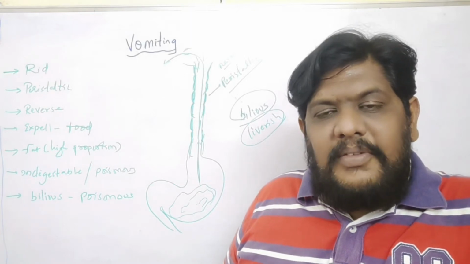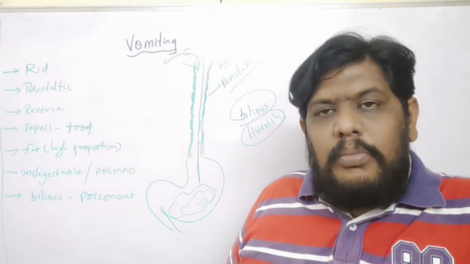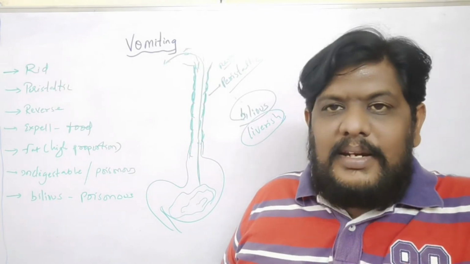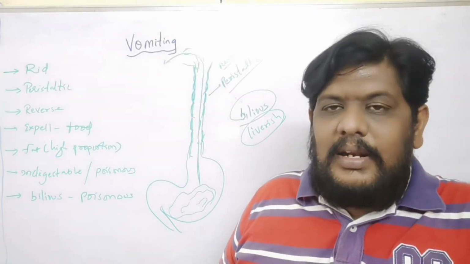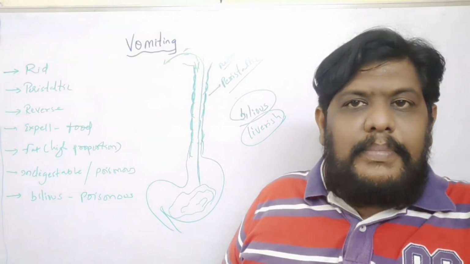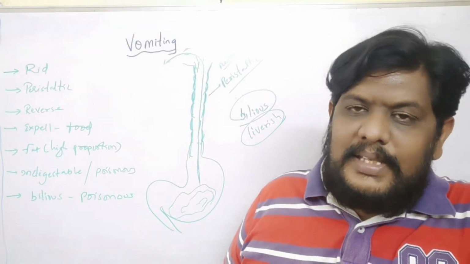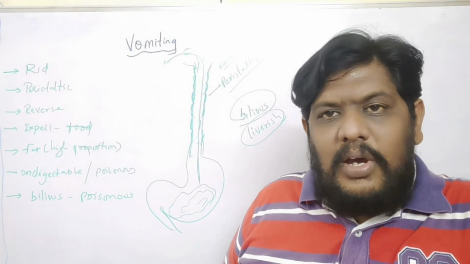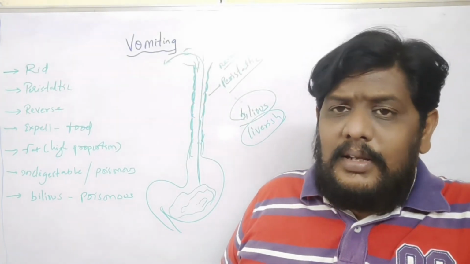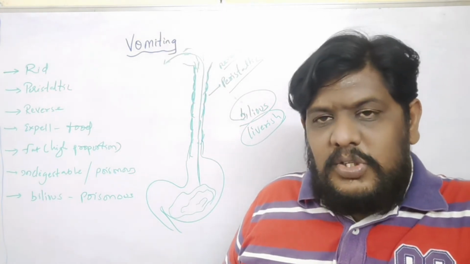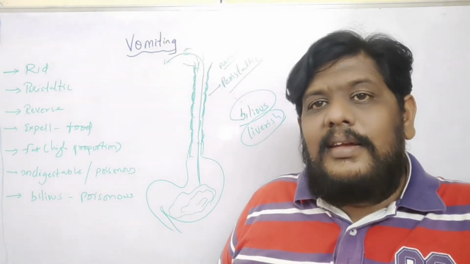Don't make your stomach feel very heavy. So before meals or before dinner, take a glass full of water, or 1 liter of water. And after meals, give a gap of 1 hour or 2 hours, and then you can have plenty of water. So don't drink water as soon as you eat food. Drink water at regular intervals.